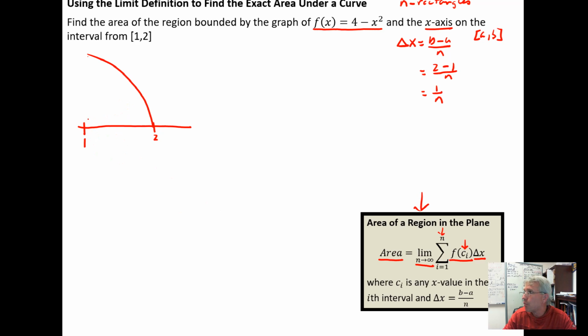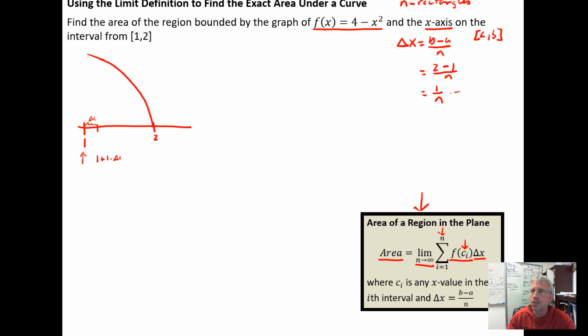So from 1, which is the first coordinate on the interval, my next tick mark shows up at 1 plus 1 times delta x. That's where the next number will be, because the width of the rectangles needs to be delta x. I always add delta x to get to the next tick mark.